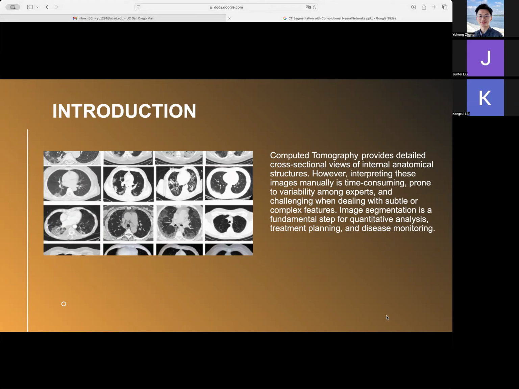So image segmentation optimization is a very fundamental step for quick, robust, and effective promotion of the efficiency of such processes. Okay, please, next page.